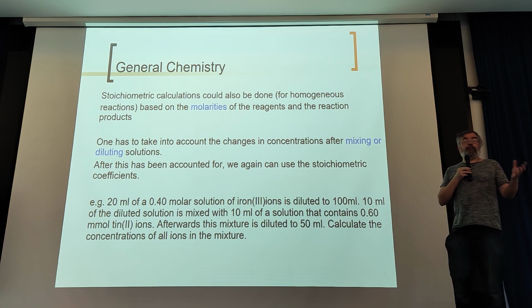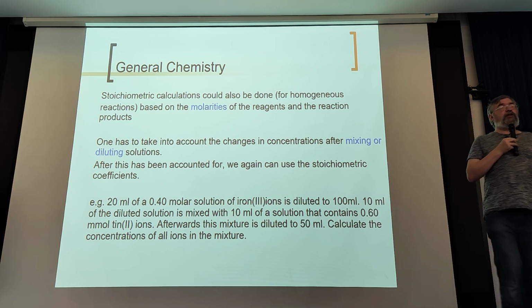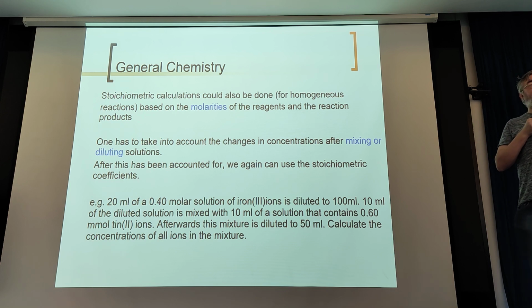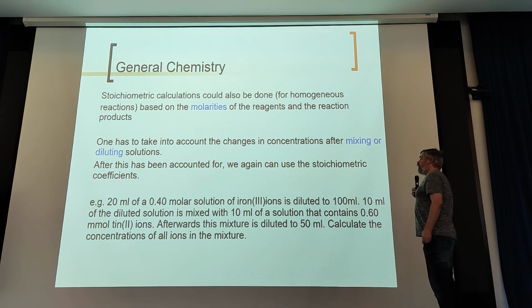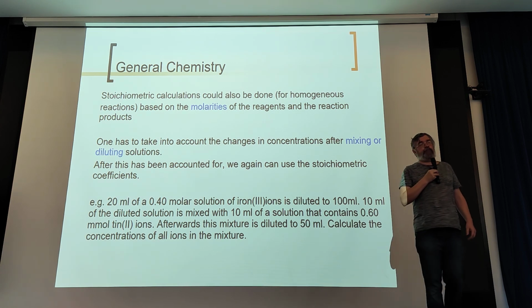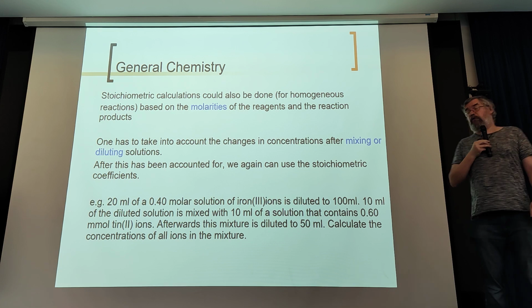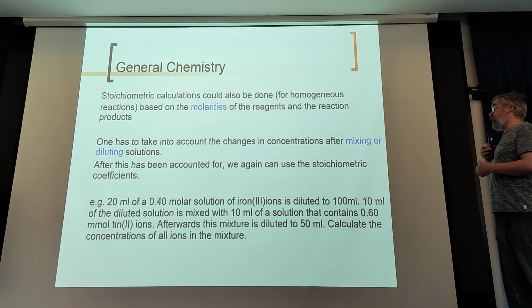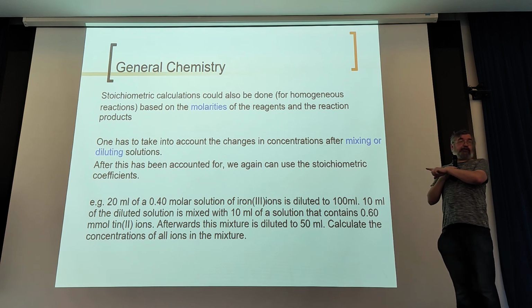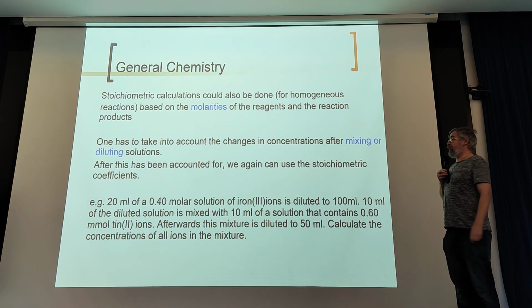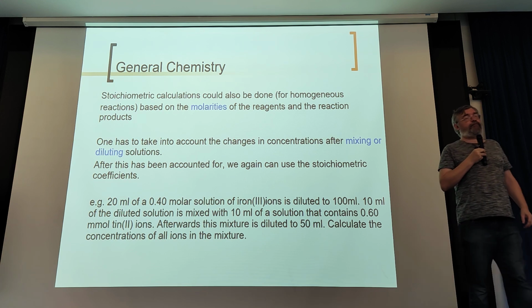That means the amount of moles stays the same, but we will have a dilution factor of 5, 20 to 100. We take 10 milliliter of this diluted solution and we mix it with the same volume, 10 milliliter, of a solution that contains 0.60 millimolar, so here we give the concentration of tin 2 ions.